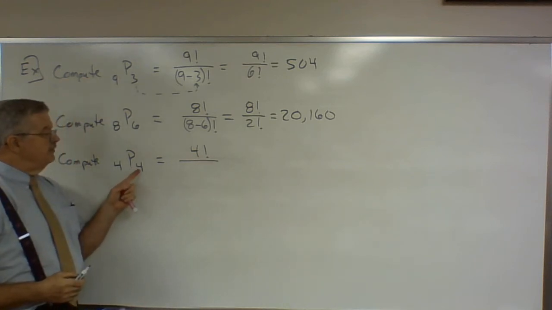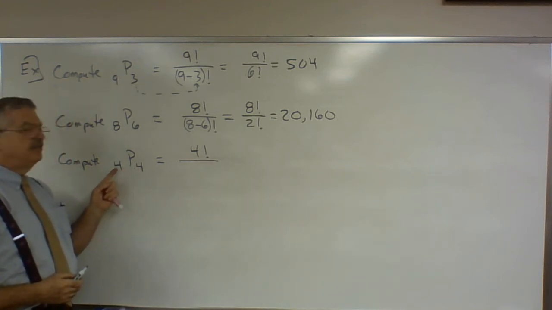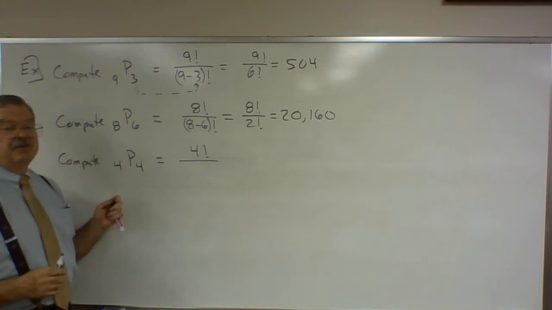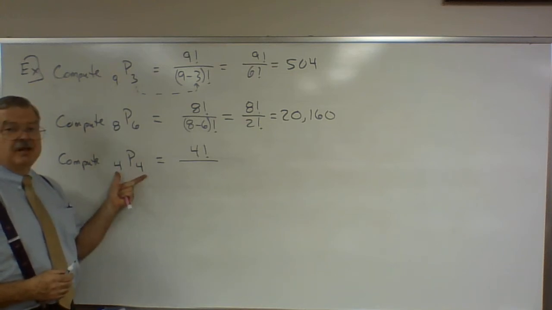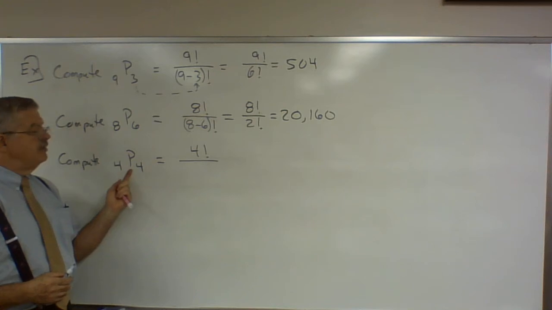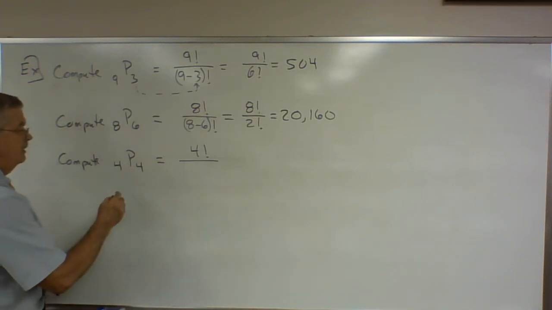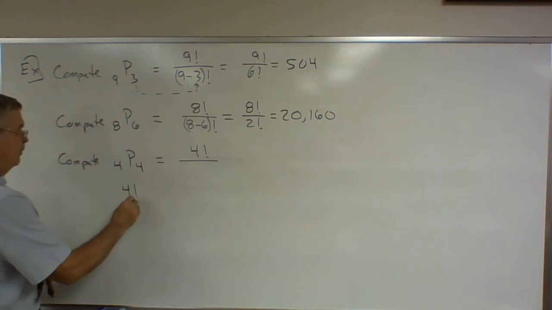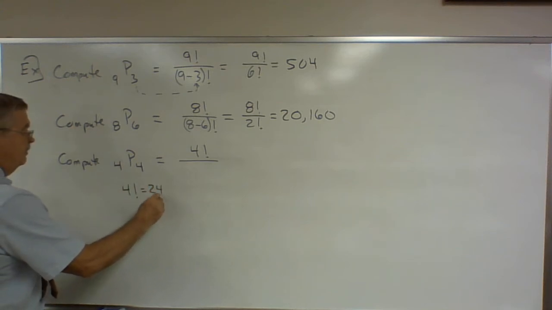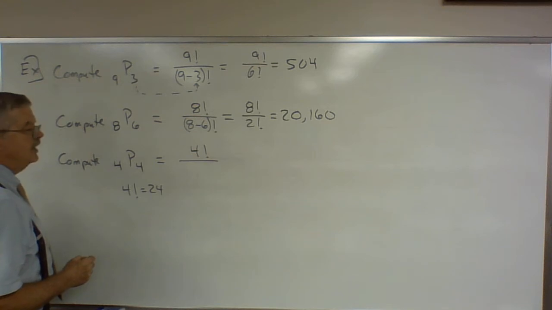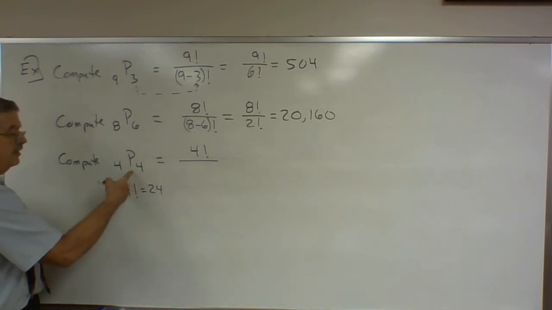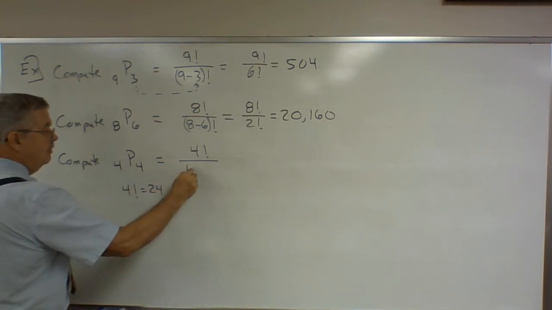If we select a set of 4 elements from a set of 4 elements, we're selecting the entire set of 4 elements. So this should be the number of permutations of a set of 4 elements. And that's going to be 4 factorial, which equals 24, I hope. Yeah. Let's see if our formula works.